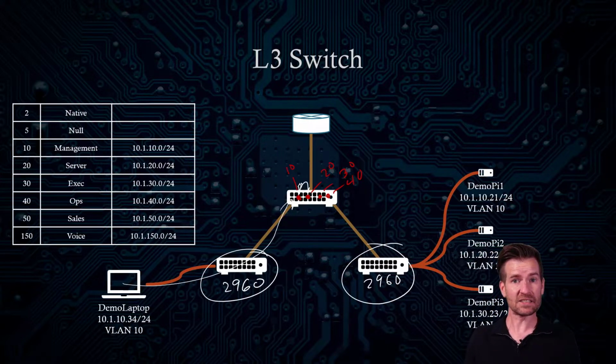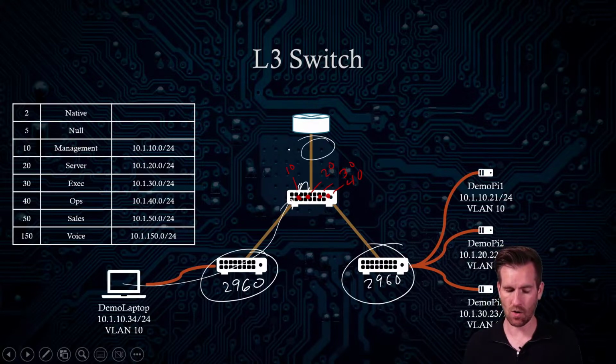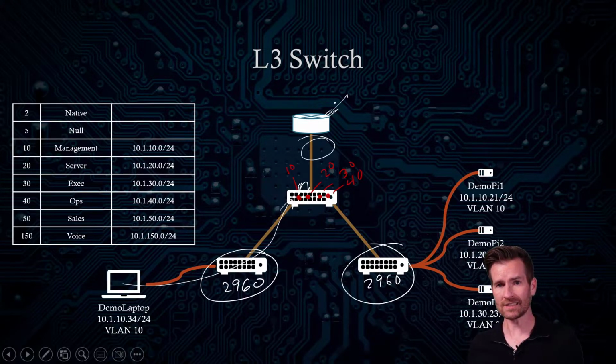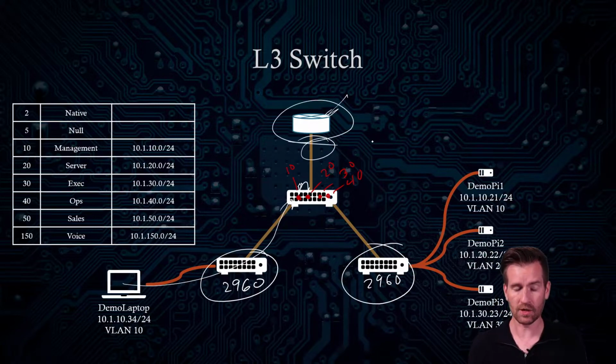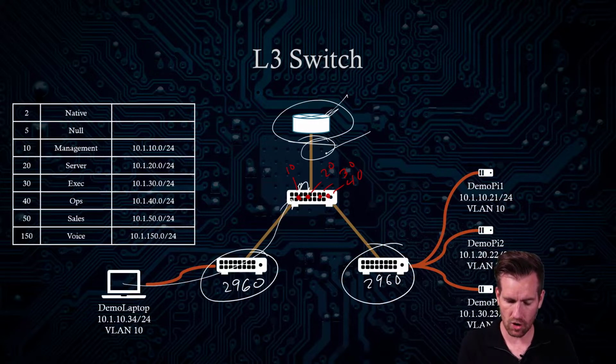Now, the advantage of this over other situations that we've had is, number one, we don't have the complexity in the wiring. We don't have to have multiple lines going up to the router. We also don't have to configure the router to have a trunk line.